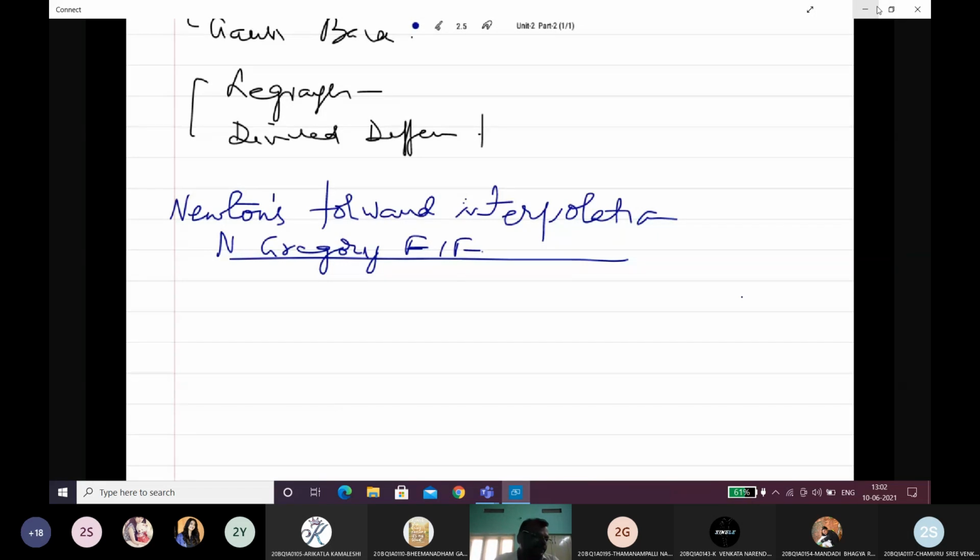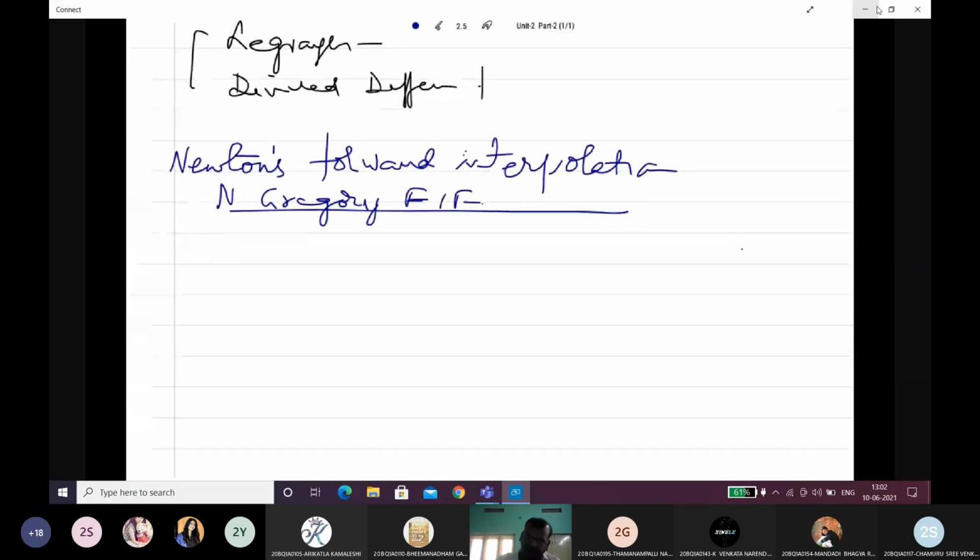Right. Let y is equal to f of x. Coming to the derivation of the formula.